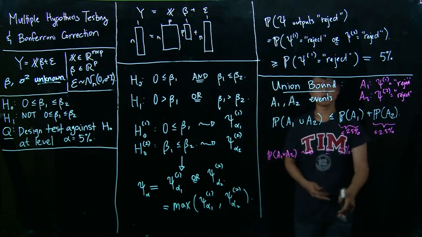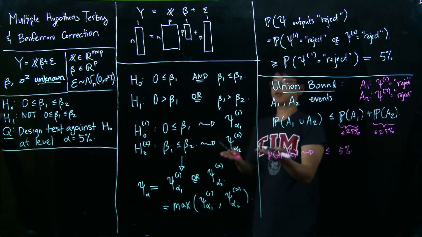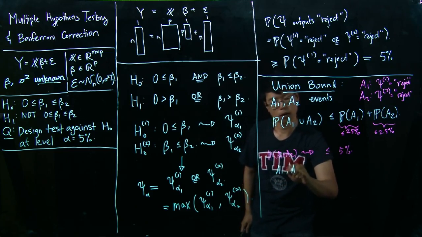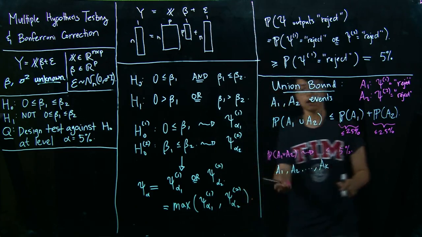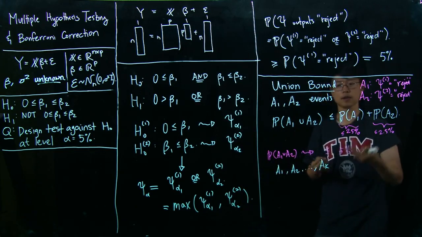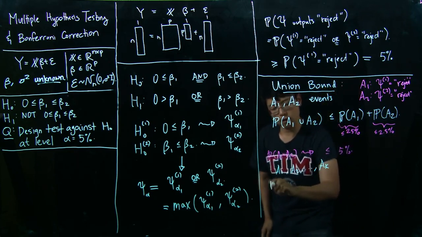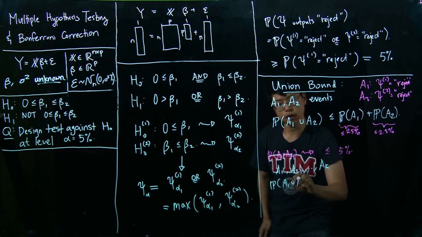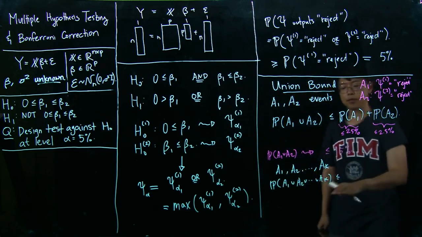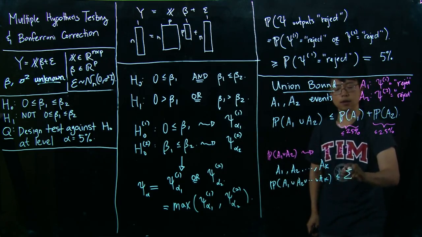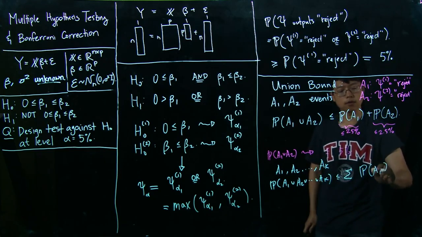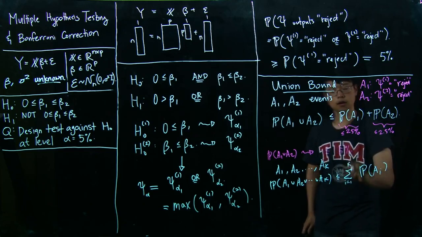Okay, in general, if we have multiple hypothesis testing where we have, let's say, k different hypotheses, and A1 through AK are the events where our tests individually say reject the ith hypothesis, well, we're going to want the kind of guarantee that says A1 union A2 union through AK is at most some level alpha, and it suffices to say that because this is bounded by the sum of the probability of each of the events individually, i equals 1 to k.